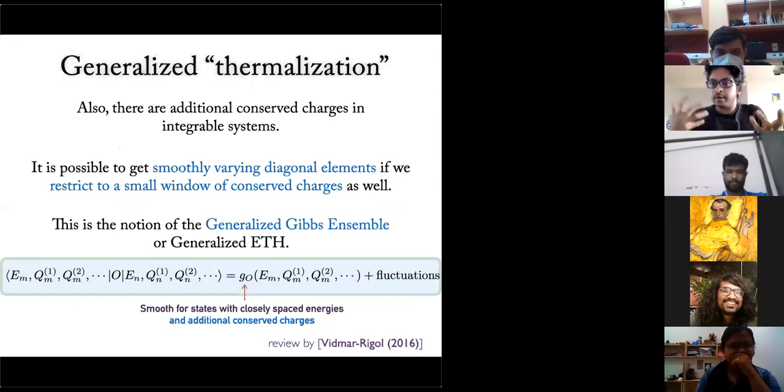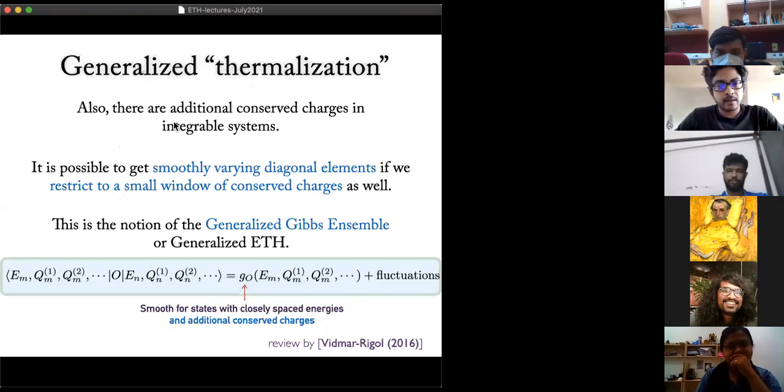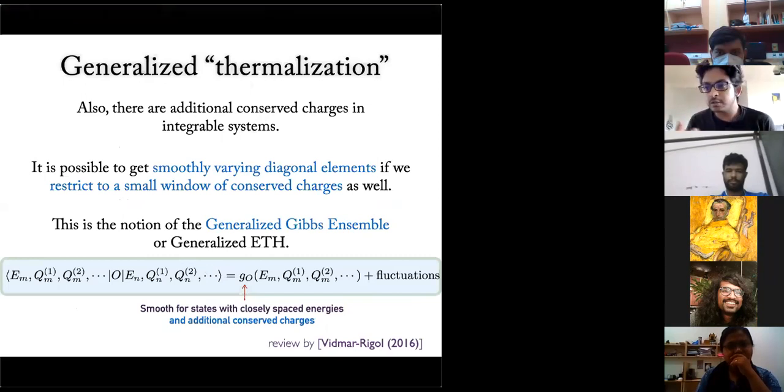So how do we interpret this? We just saw an example of a state in an integrable system which clearly retains memory of the initial conditions and does not thermalize. Integrable systems have a lot of conserved quantities, equal in number to the degrees of freedom.